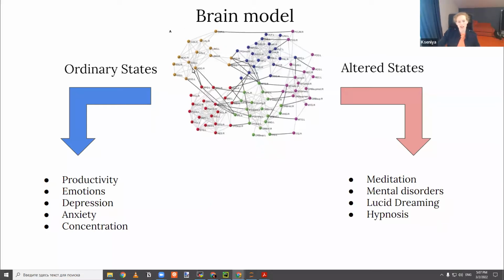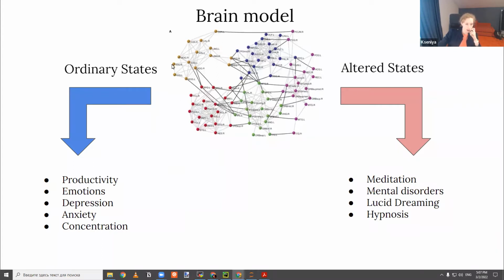Okay, as I said, there is no good model of the brain, but I wish we will have such a model. So it's my division, from my personal work.